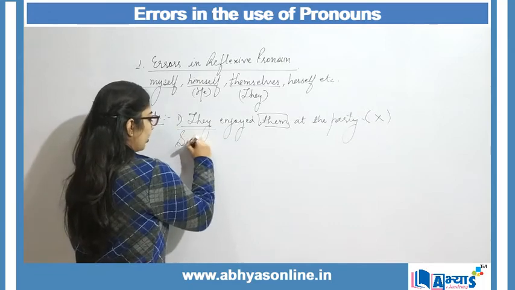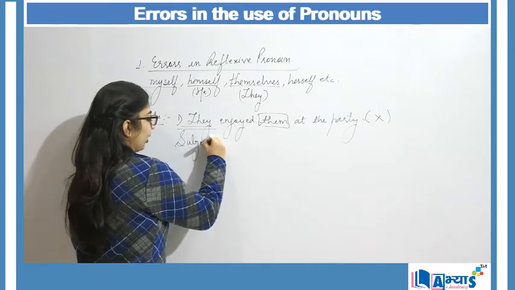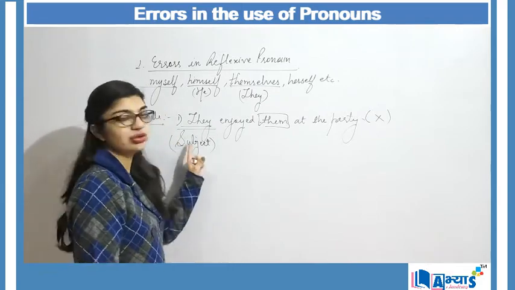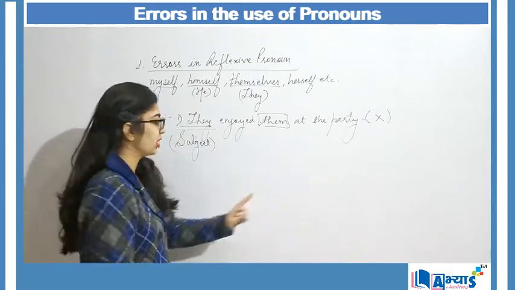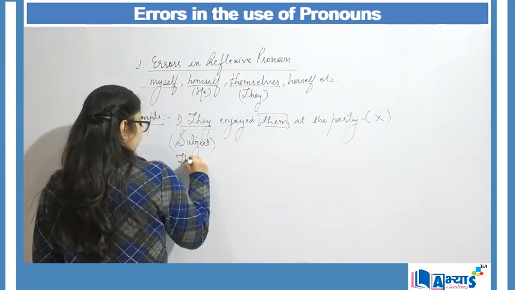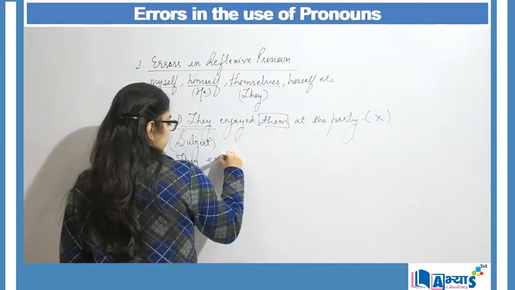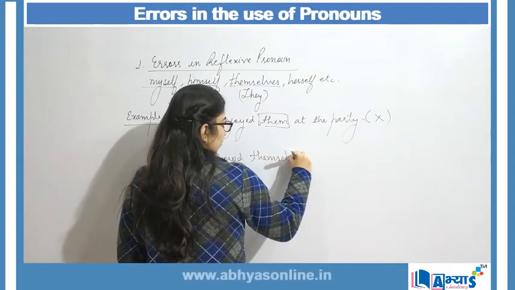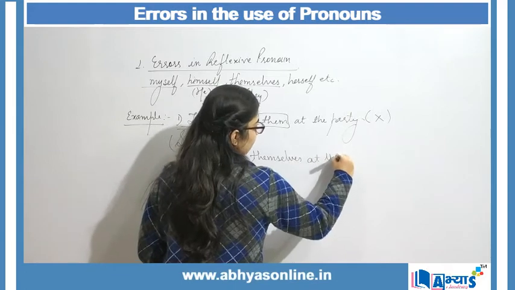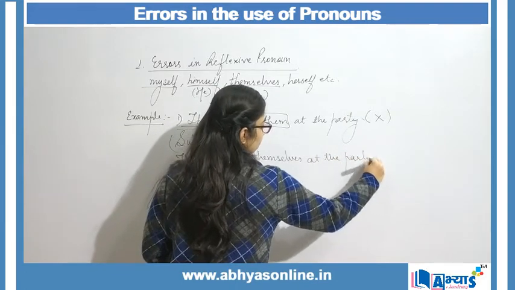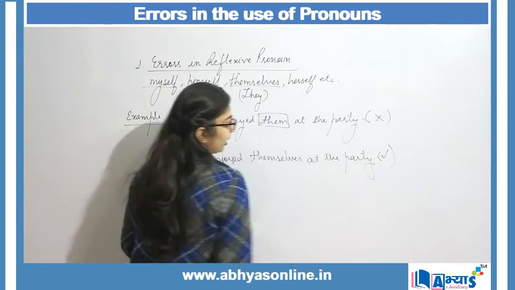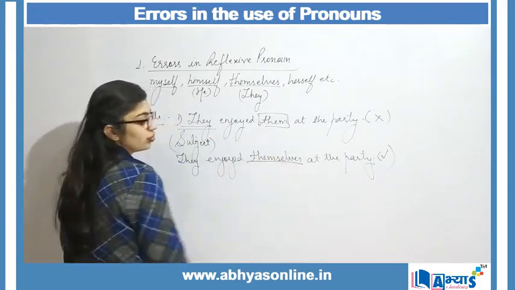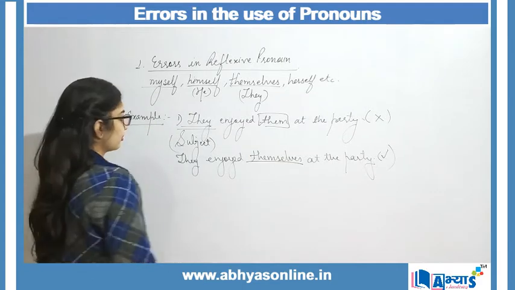The subject over here is they, and a reflexive pronoun always ends with self. So they will turn to them plus selves. So I will say they enjoyed themselves at the party. This will be my correct sentence. Them is the error over here, and them will change to themselves.